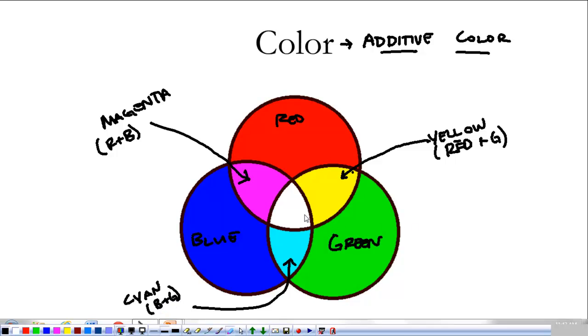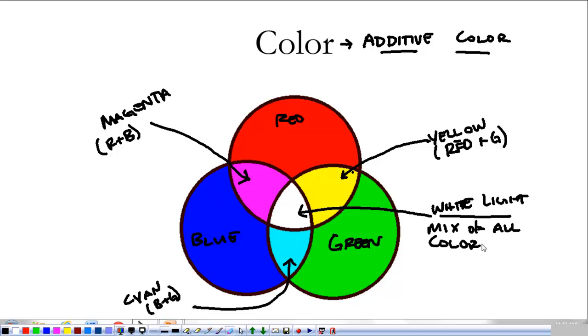Now, when we mix all three colors, we get white light. And that is the mix of all colors. So, when we put red, green, and blue together, we get white. When we put red and blue together, we get magenta.